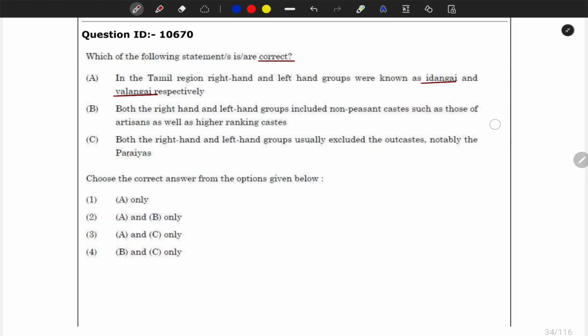Because see, even if you don't know these facts, whenever there is a statement related to identification of two things, here they have given right-handed, left-handed, and they have identified it with Idangai and Valangai, these kinds of statements are usually incorrect.